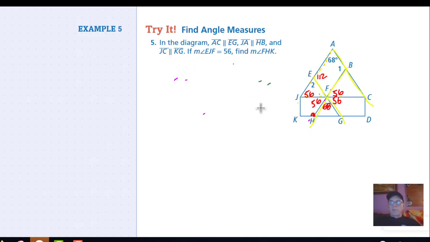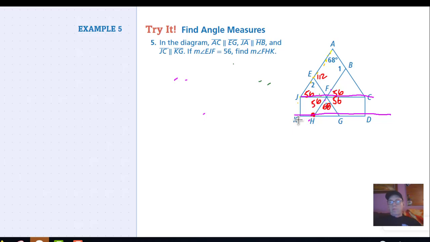Okay, let's look at JC versus KG now. So let me get rid of those parallel lines. And now we're going to look at these two lines as being parallel to each other. So if this is 56 degrees, here we have two parallel lines cut by this transversal.